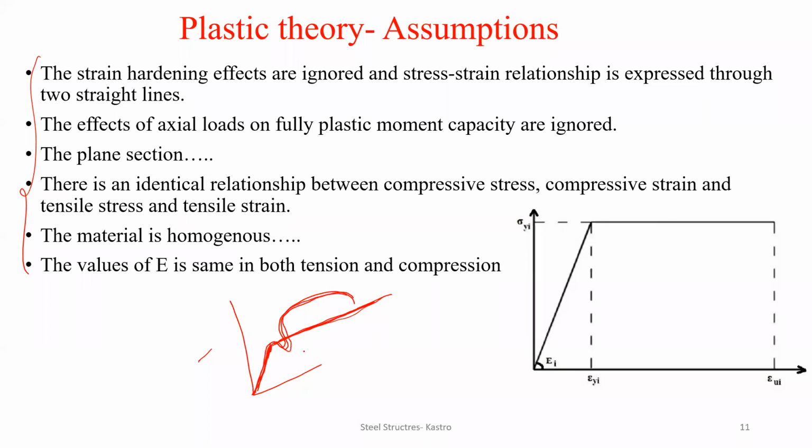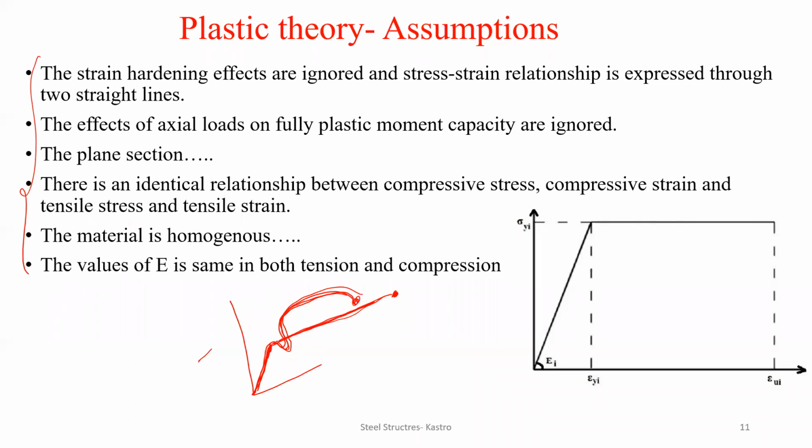That is, you have the lower yield, upper yield points, and then the ultimate point, and then the breaking point. Ultimately, the failure of the structure happens both in the assumed case and in the real case. But in the assumed case, in order to do the plastic analysis, you're going to assume this curvature portion is not there in the section. It is not real, you're just assuming it.